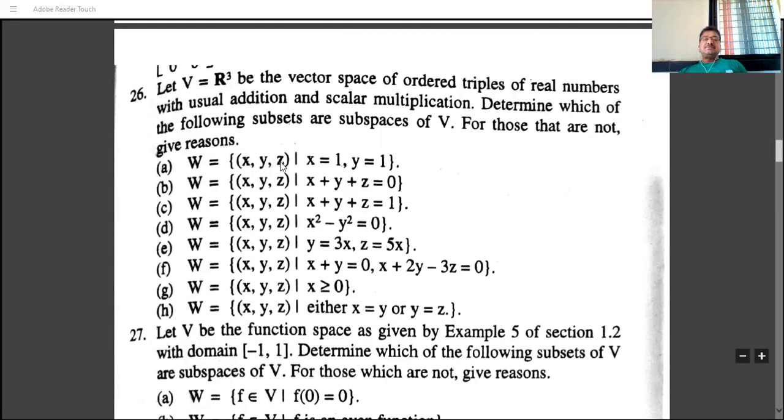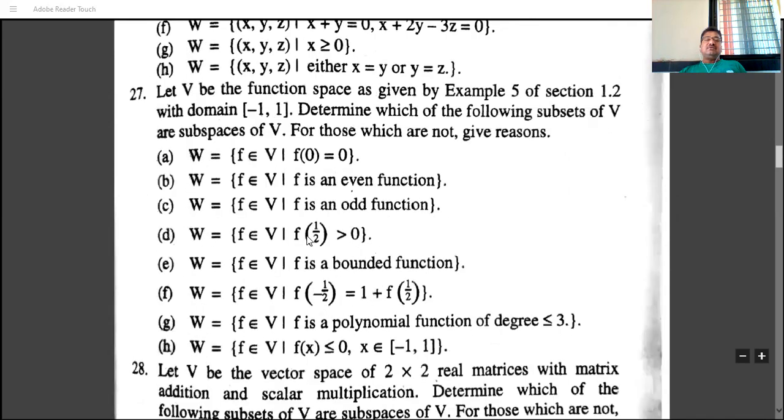So this is not a subspace, because if you take (1, 1, 1) and (1, 1, 0) as the two elements, then their addition is (2, 2, 5), suppose, and it is not an element of W. So W is not closed for addition.